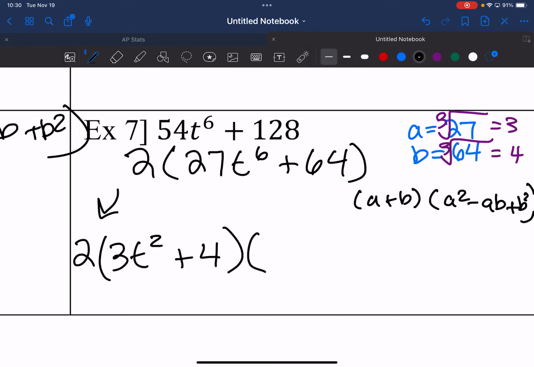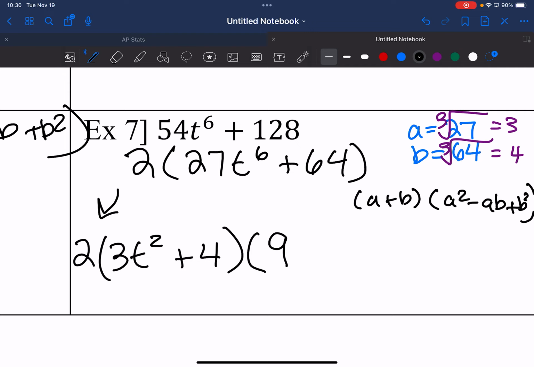Then I have to do a squared. What's a squared? 9. But instead of doing 9t squared, we're going to do 9t to the 4th. Okay, remember we want our t's to be either t squared, t or t to the 4th, t squared.